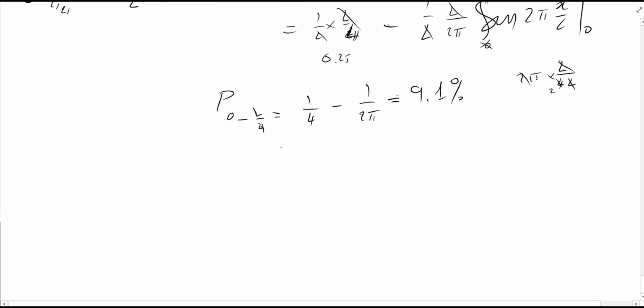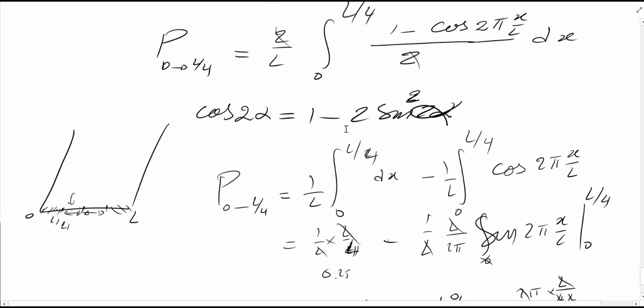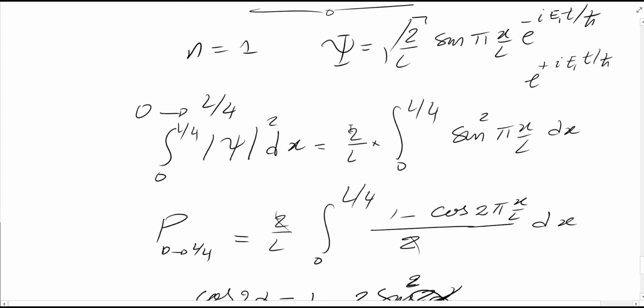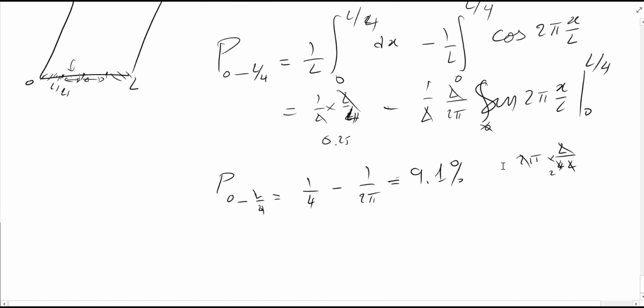So let's look at that. We're going to do the same thing actually. Up to this point, the boundaries of the integration change, that's all. Everything is going to be the same thing, except the boundary, instead of from 0 to L over 4, it's going to be from L over 4 to L over 2.